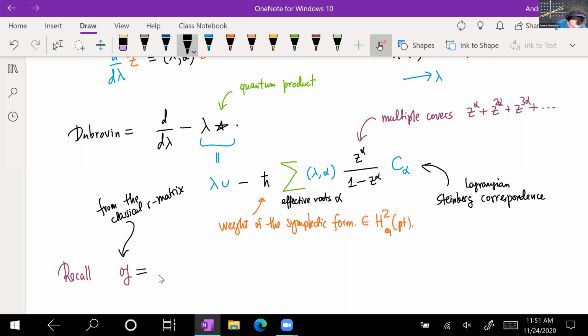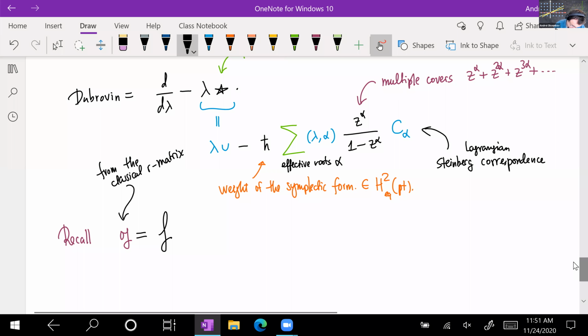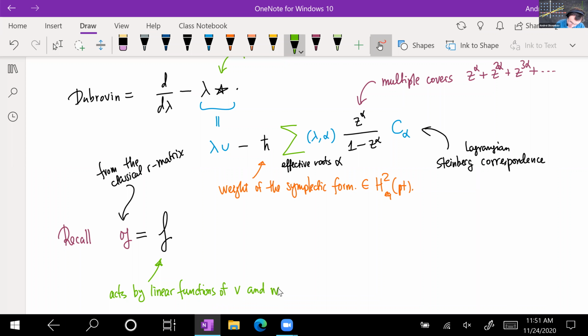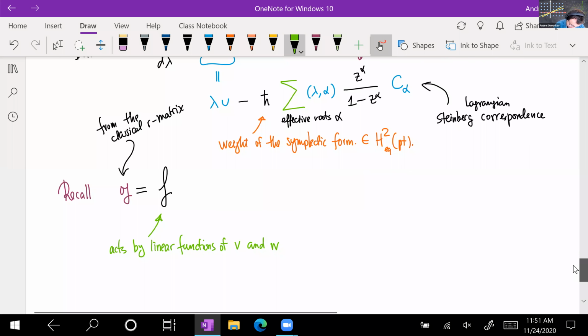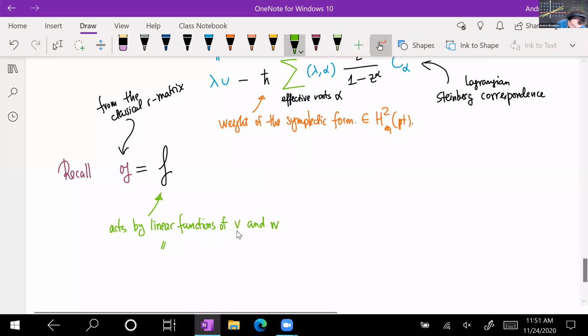And this had a Cartan decomposition, had this Cartan subalgebra. This acts by linear functions of V and W, or you can also think that this is this Cartan. What is V? V is the same as px tensor C plus center.